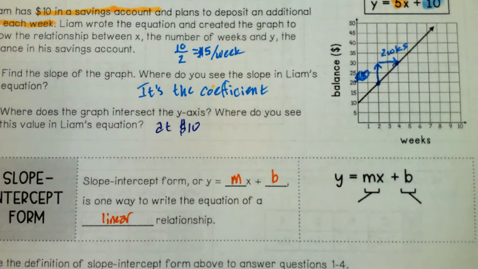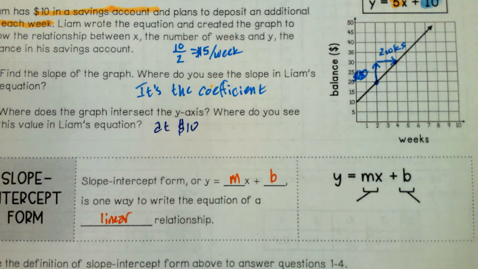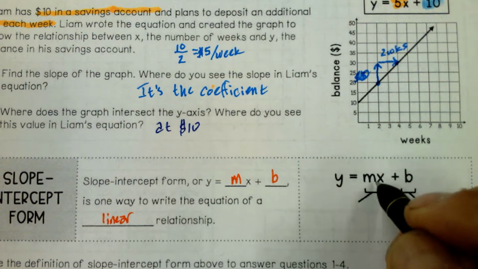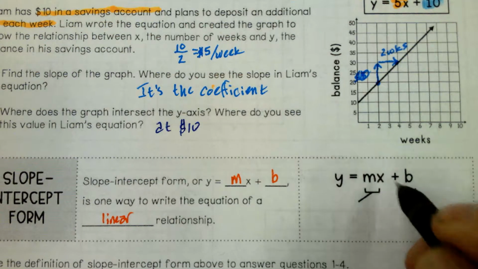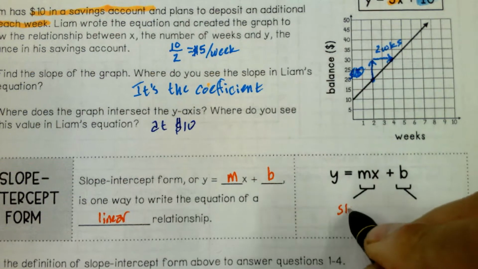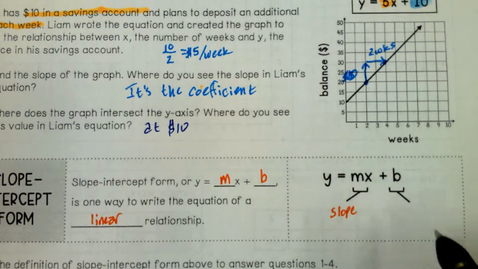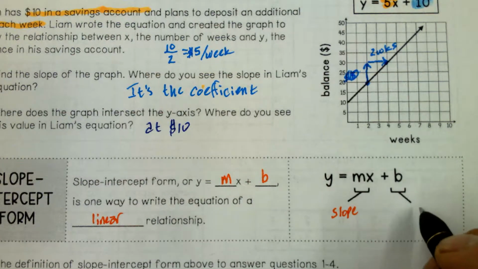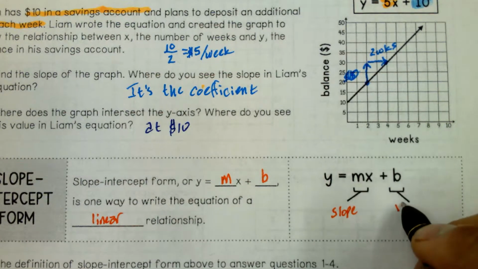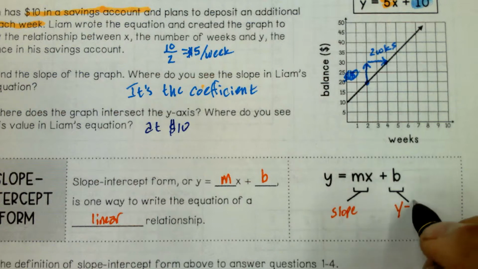Okay, so let's find out the various parts. The m value, this coefficient for x, is going to be the slope. And does anyone remember what we called the b value? Y-intercept, yeah.